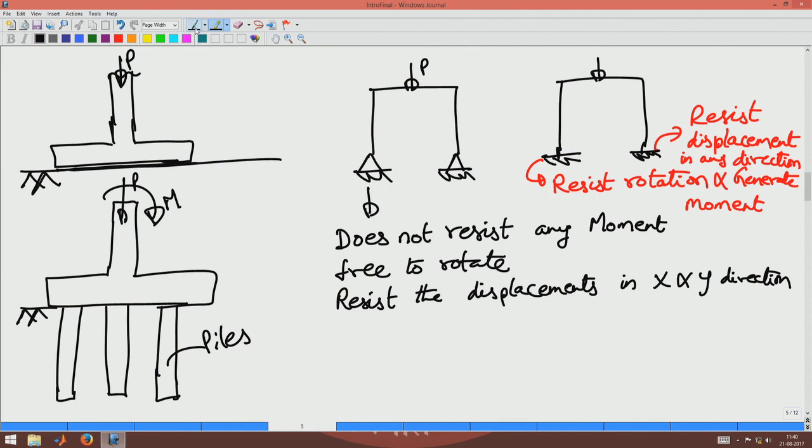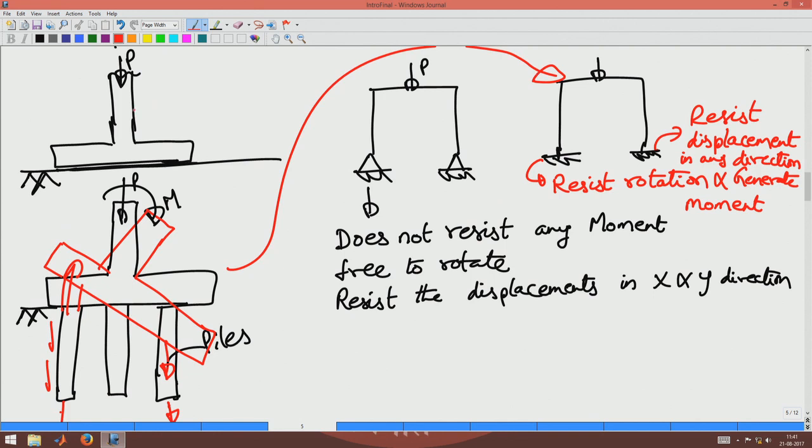Basically, when this tries to rotate like this, this has to go up and this has to be compressed, which will be resisted by the frictional force here. The frictional force will offer the resistance, and here the bearing force will offer the resistance. Okay. So, basically now there is a mechanism for this kind of foundation to resist the applied forces, and hence for this the appropriate idealization would be this one.